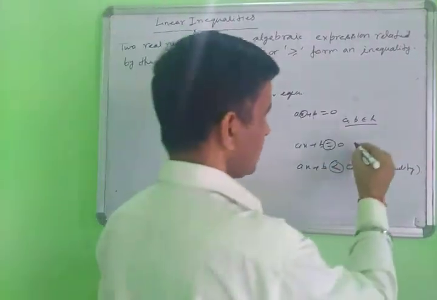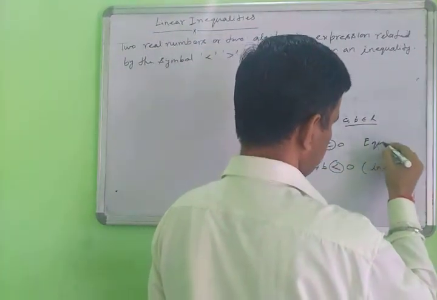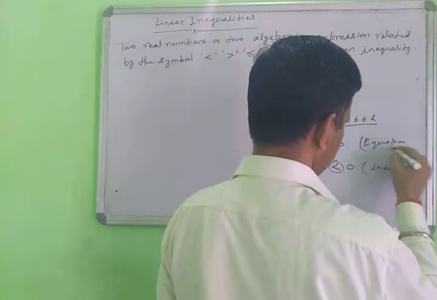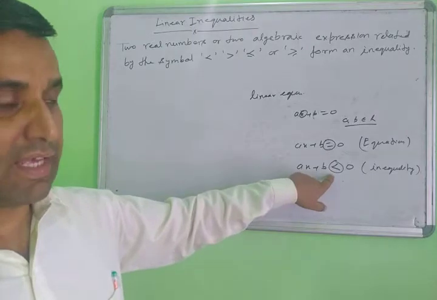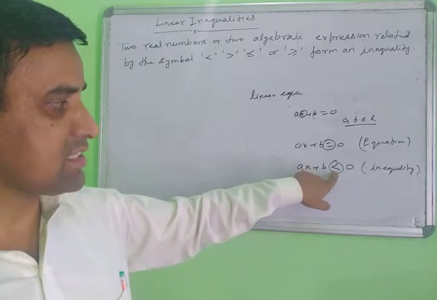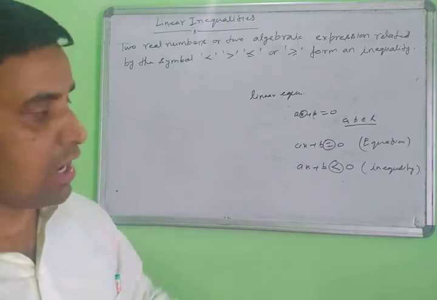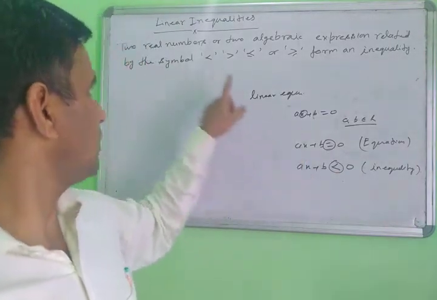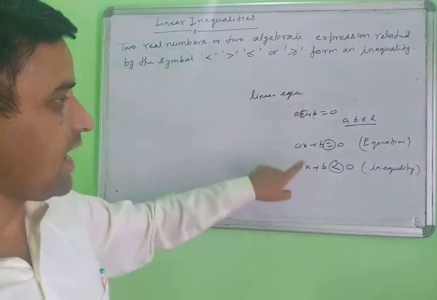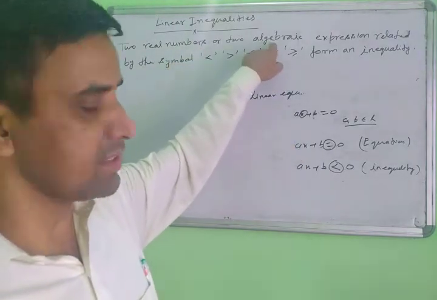This is an inequality, and this is an equation, because any sign other than equal, less than or greater than, makes it an inequality. The a and b are real numbers and x is the algebraic variable.